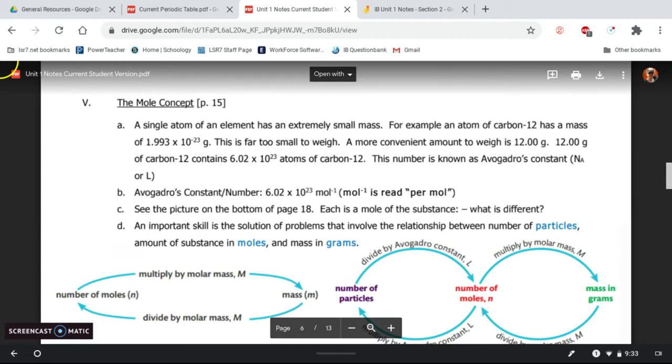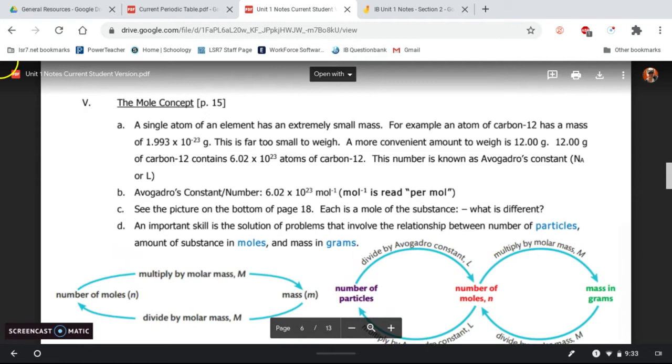Okay, so first thing, go down there to B, Avogadro's constant, Avogadro's number, 6.02 times 10 to the 23rd per mole. Want to put a star by that? What that means is that when you want to create particles, you might want to write that down: ions, atoms, molecules, and formula units, which is 2 words.